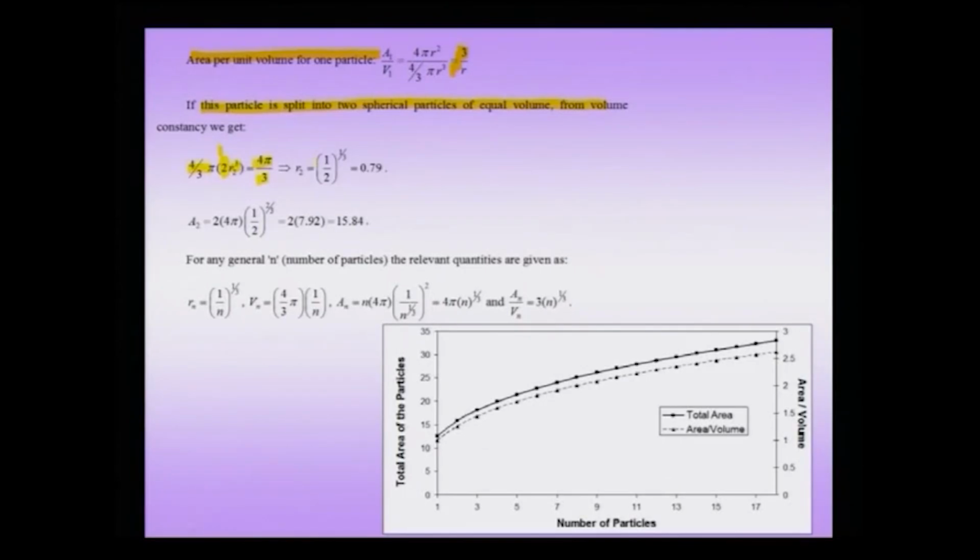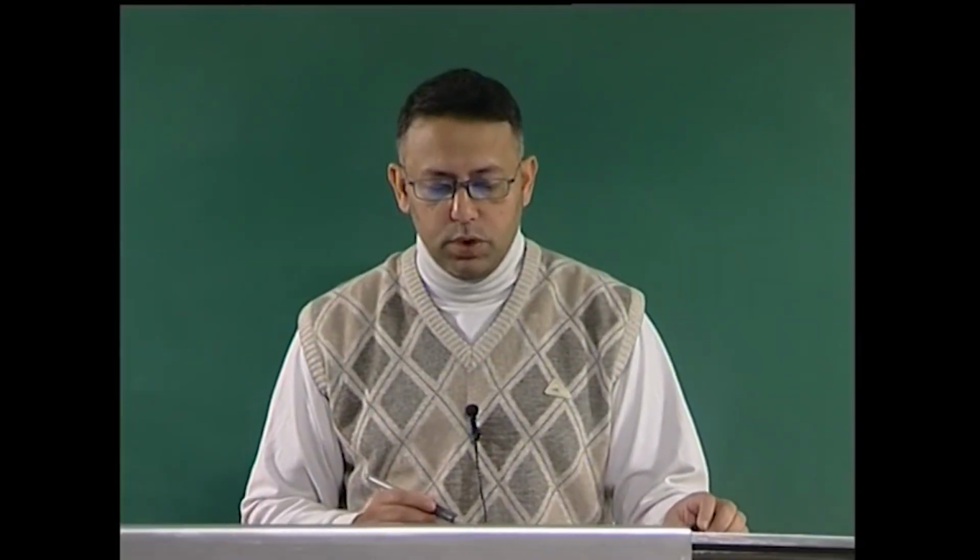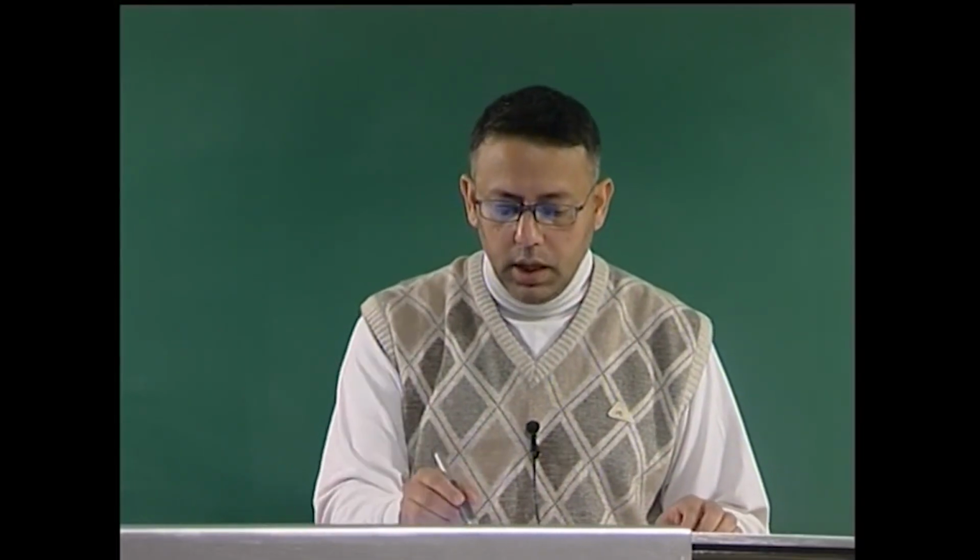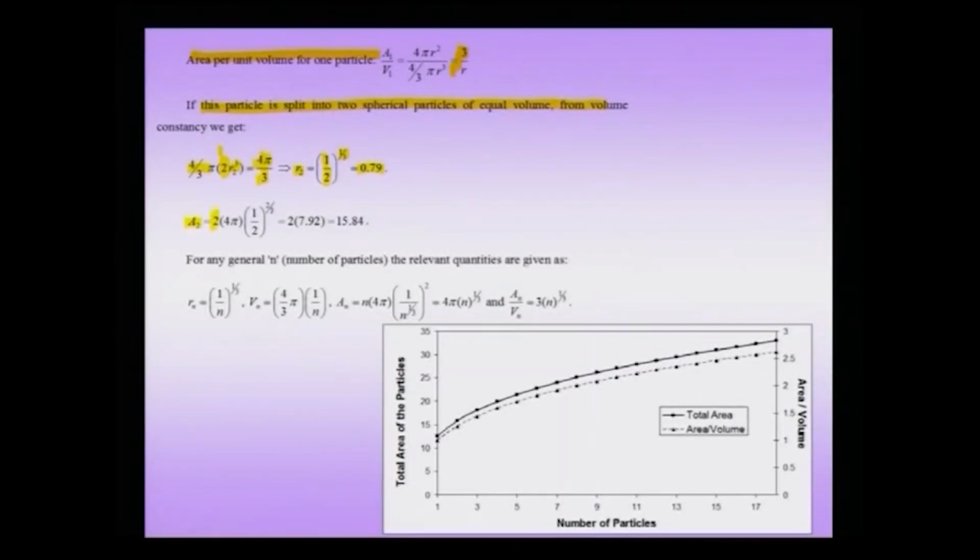This implies, and this is the original starting volume, that R2 is 1 by 2 power 1 by 3, which is 0.79. So, if I divide my 1 unit radius particle into 2 particles, the radius of those particles will be 0.79 units. The area now is twice, because there are 2 particles, into 4 pi r square, which is 4 pi into half power 2 by 3, because we know now that R2 is 1 by 2 power 1 by 3.